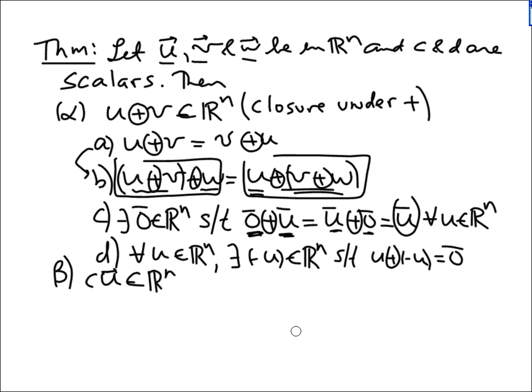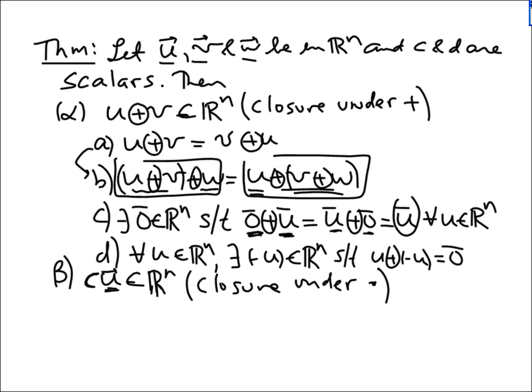That's why it's part of the theorem. Since we did something to a vector u, we scaled it by c, and we got something back in the same space we started with, u was in Rn, we call this closure. Closure under the operation of scalar multiplication.